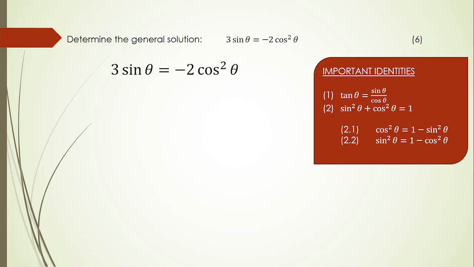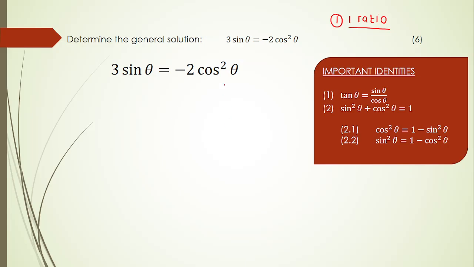The first thing that we need to try and accomplish is to get only one ratio, so either everything is just sine, just cos, or just tan, and we need to make that our goal.